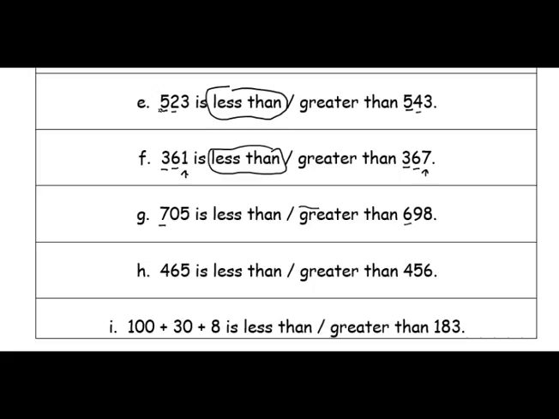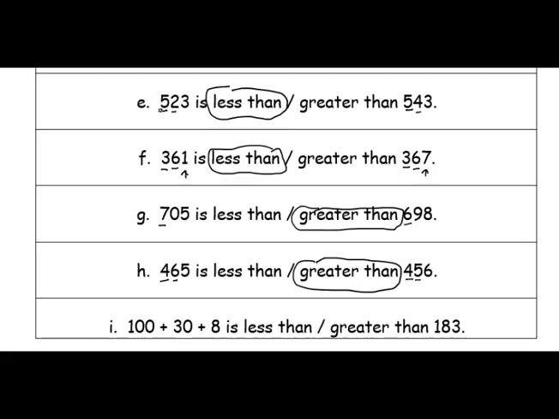So 705 is greater than 698. In question H, we have 465 comparing it to 456. They both have 4 groups of 100. My first number has 6 groups of 10 compared to 5 groups of 10 in the second number. That means that 465 is greater than 456 because it has more 10s.